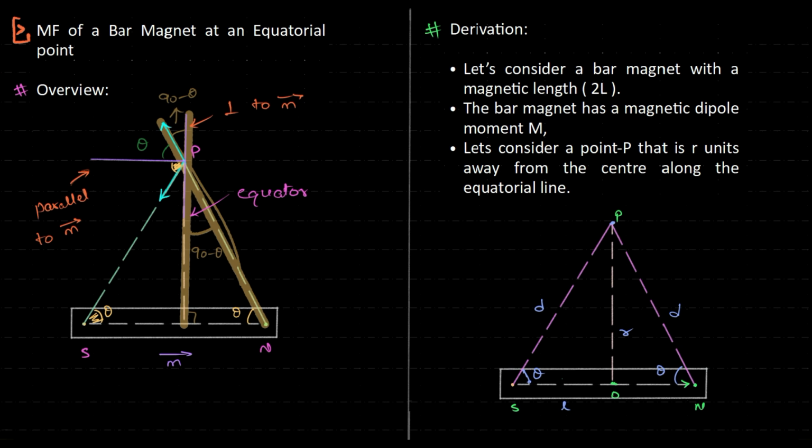Next thing is, let's move forward in resolving them, at least drawing the aspect. So it has to be resolved parallel and perpendicular to your axis. So this is your north. That's your south.